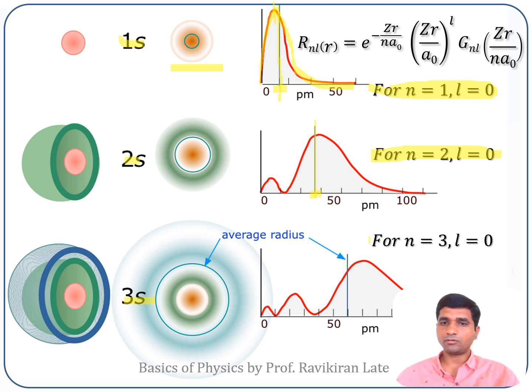If you similarly calculate for the third state, or the second excited state, you'll get a maximum probability of finding the electron in this region. It will be maximum, that will be the average region. So at this point you'll get a maximum probability, and at this point you'll get the average radius at which the electron can be found. So you can say that this is an expectation value which you calculate in terms of the quantum mechanics wave function.